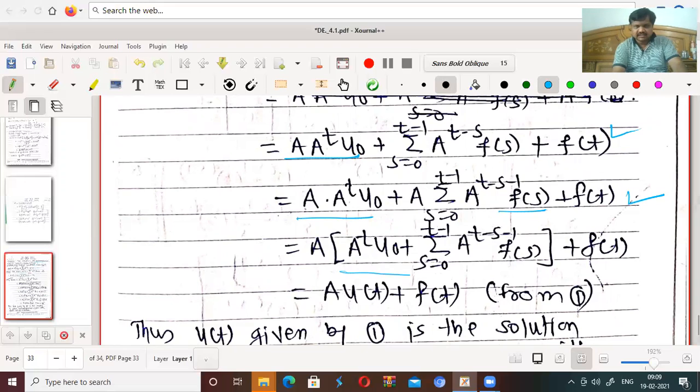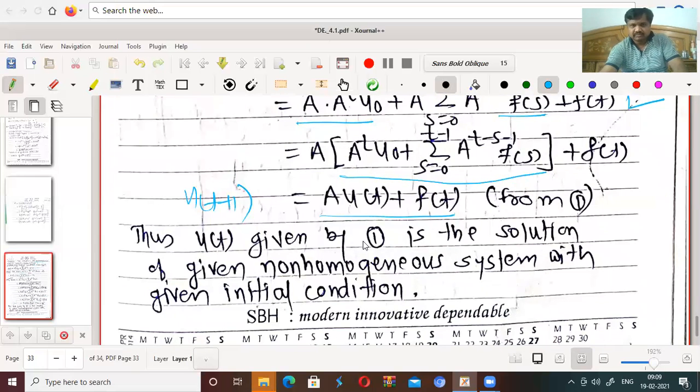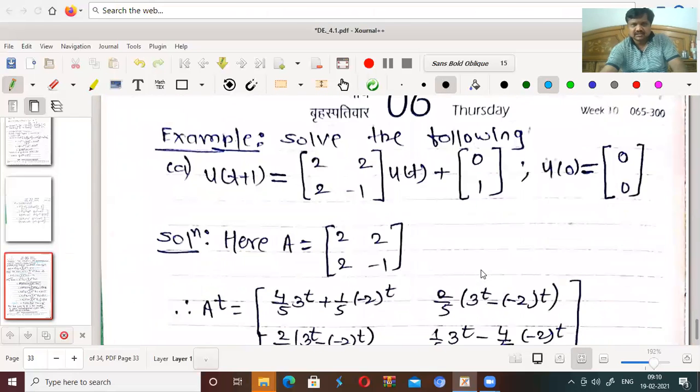This is again u(t). So A into u(t) plus f of t. So u(t plus 1) equal to A u(t) plus f of t, where u(t) is this one. So u(t) given by this is the solution of the non-homogeneous equation with the given initial condition.